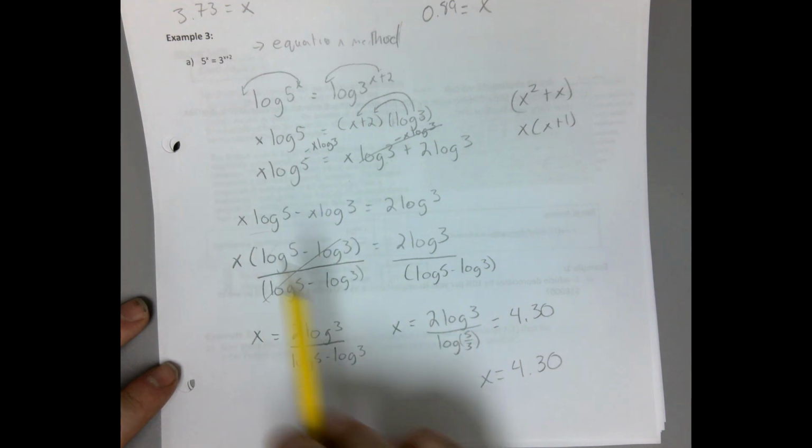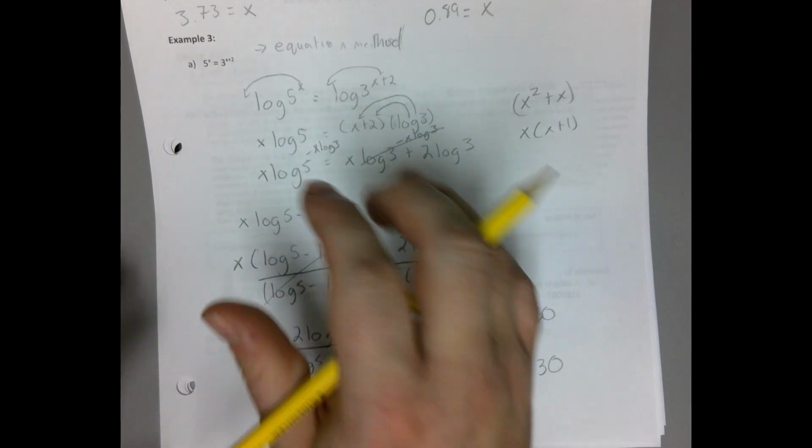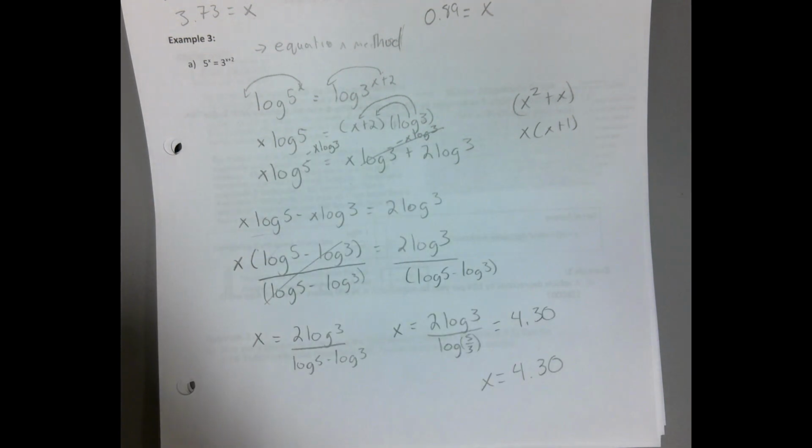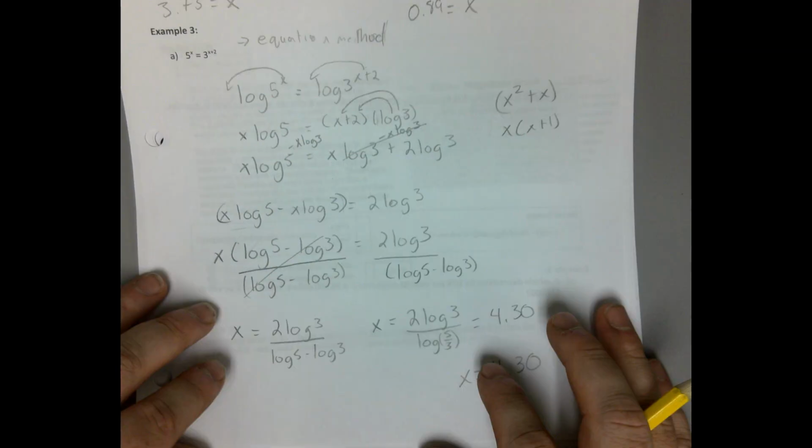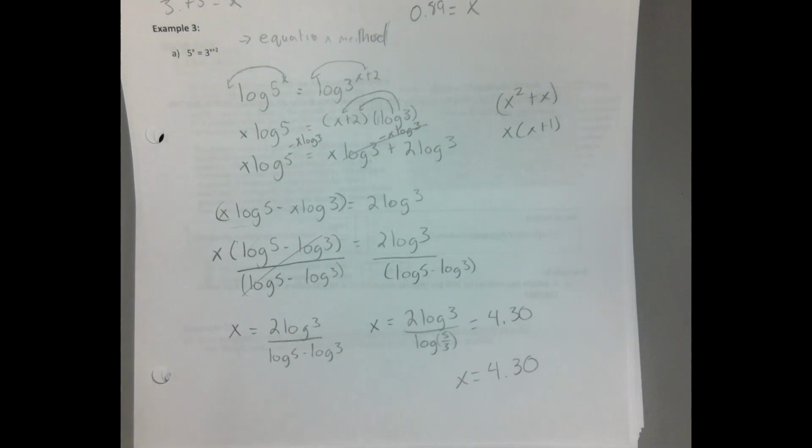So basically what I'm doing is taking the x out of this whole binomial. Think of it as in brackets, and then I'm just pulling the x outside the brackets. That is our example of how we're able to use exponential equations and our logs to solve those out.